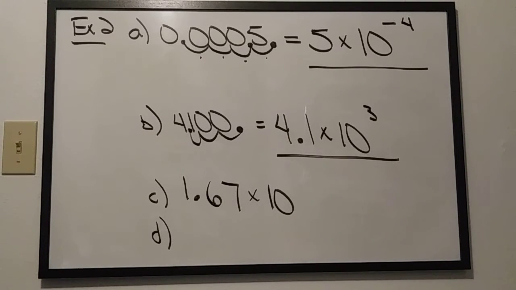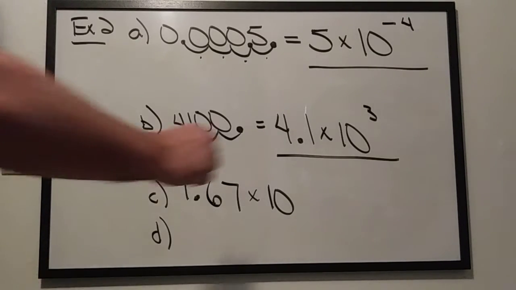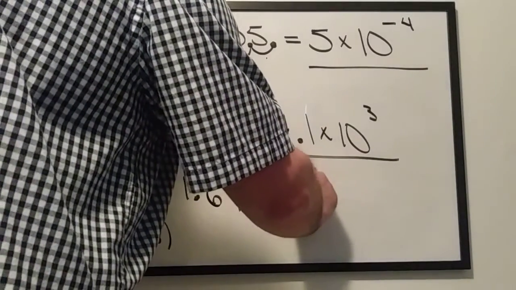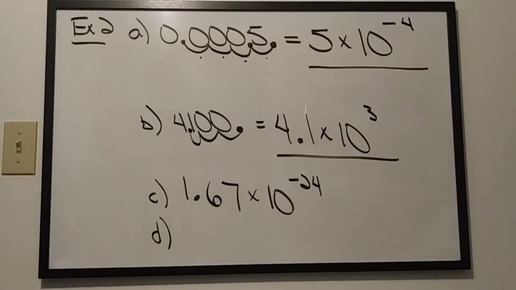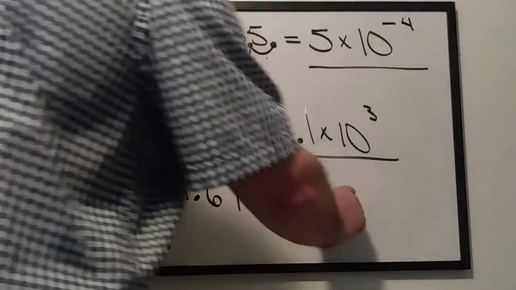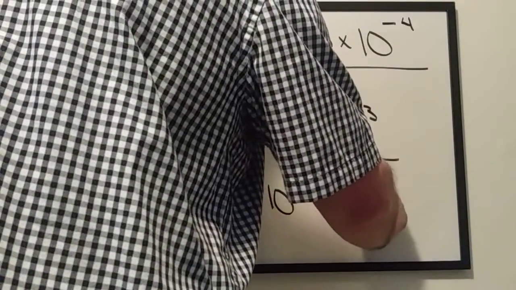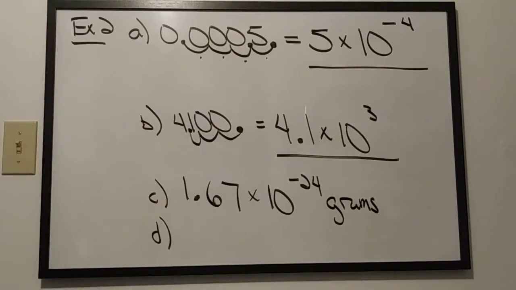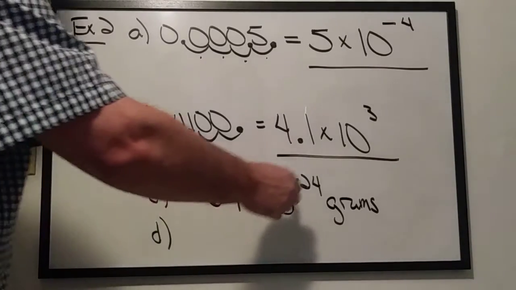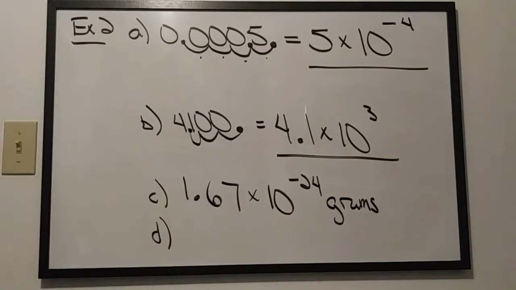And because we started with a small decimal answer, that's going to have to be a negative. So we're going to have 1.67 times 10 to the negative 24th grams. And as I said earlier, trying to write this as that big long decimal is not an easy or enjoyable thing to do. But writing it as 1.67 times 10 to the negative 24th grams, it's a nice, straightforward, and easy way to write it.